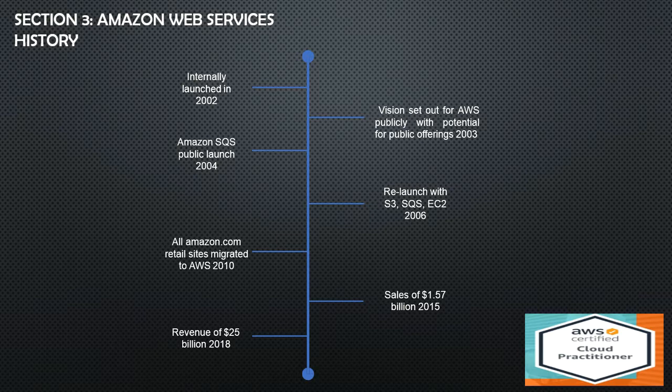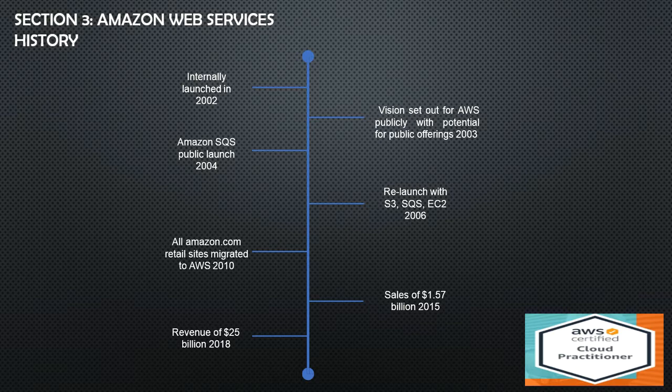It was internally launched, and then a vision was set by AWS to go public in 2003 with the services, right? But actually what happened is Amazon SQS was launched publicly in 2004. So the first Amazon service that was launched was SQS, back in 2004.